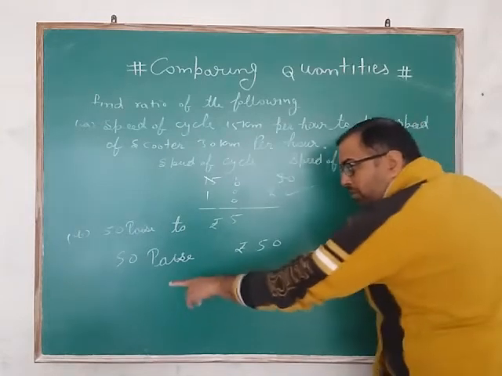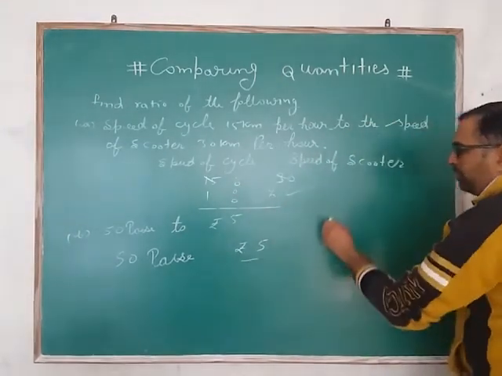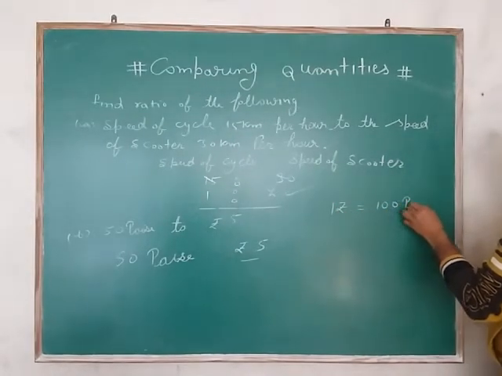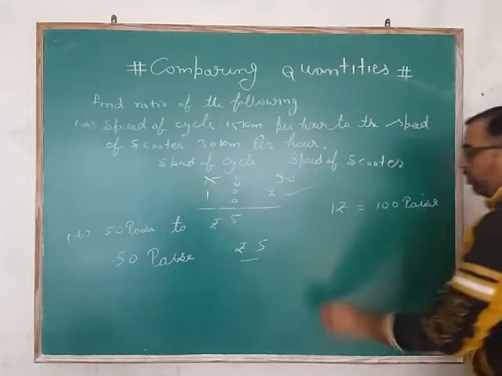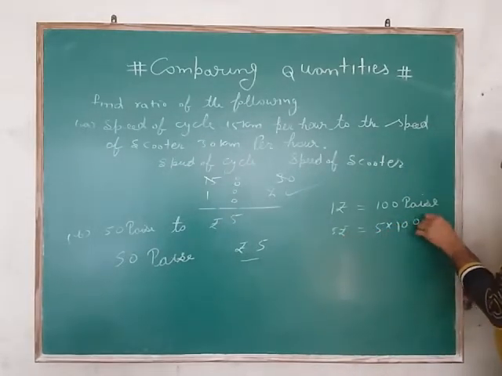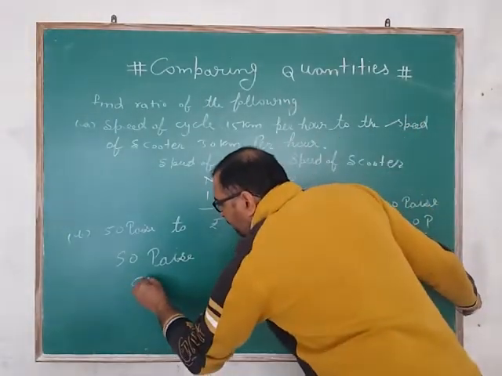You have to convert the rupees into paisa. Before that, we have to remember 1 rupee is equal to 100 paisa. So 5 rupees is equal to 5 multiplied by 100 paisa.